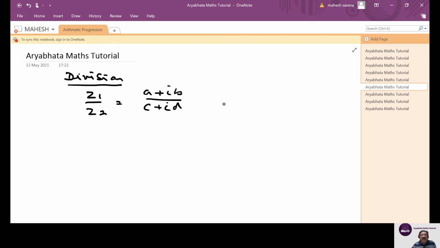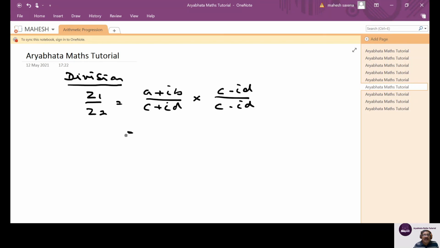Actually, the imaginary number i should not be in the denominator. Therefore, we will multiply and divide by the conjugate of this, c minus id upon c minus id. Therefore, we will multiply these terms.